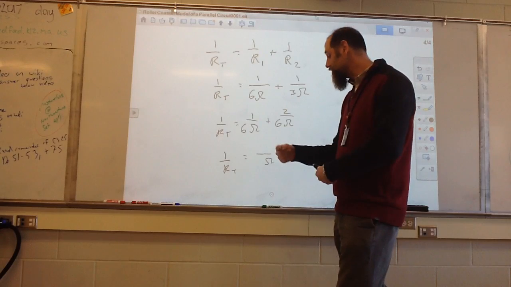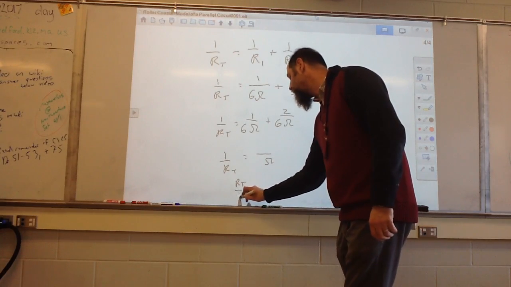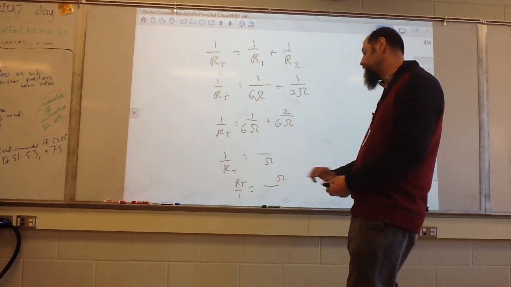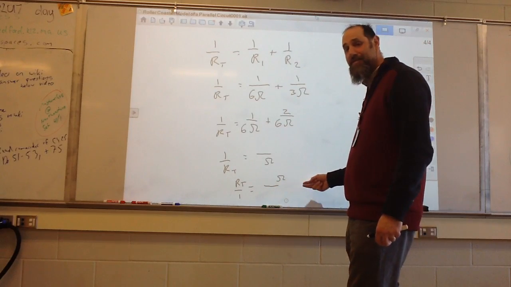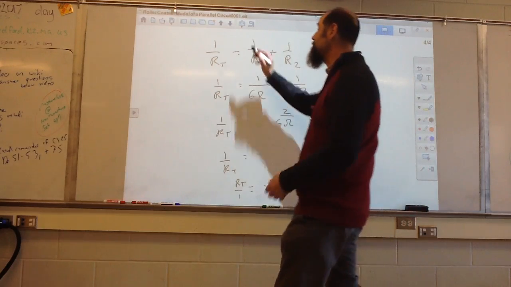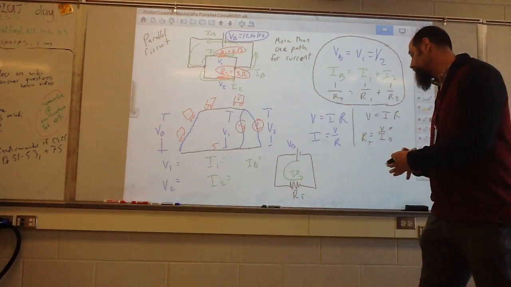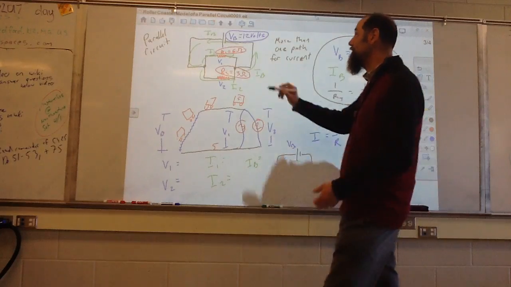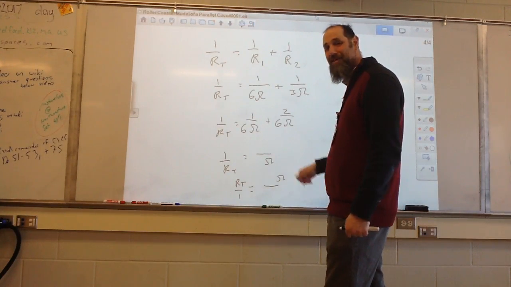So the last thing you're going to do is flip that, so it's RT over 1, and that will also flip the units to the upstairs. Take that number, reduce it, and see how it compares with what we calculated on the previous page, okay? So going back to this previous page, where you found that RT, see how that number compares with this number right here, okay? Great job.